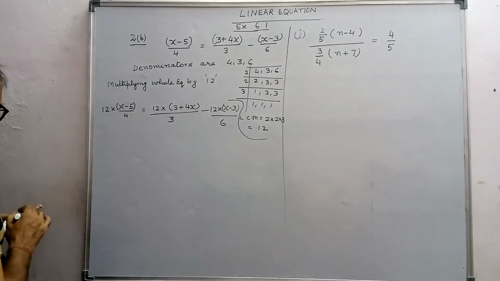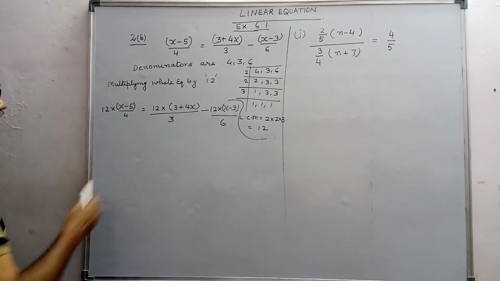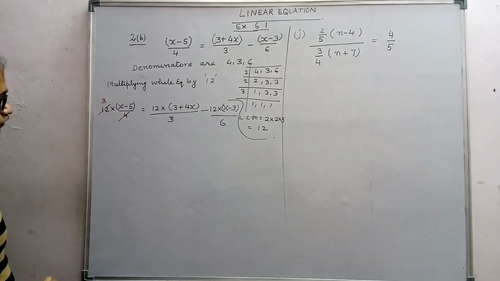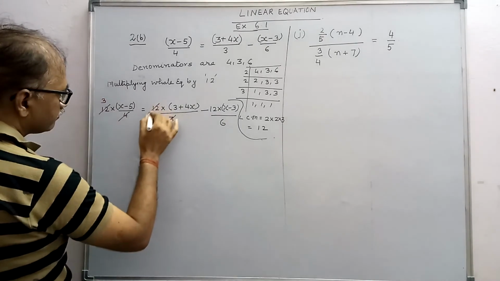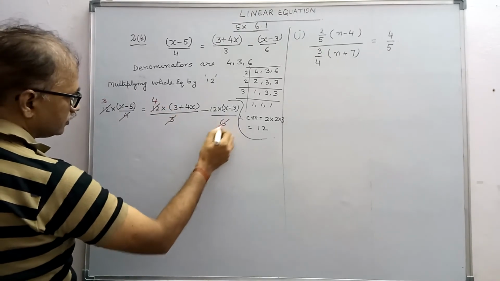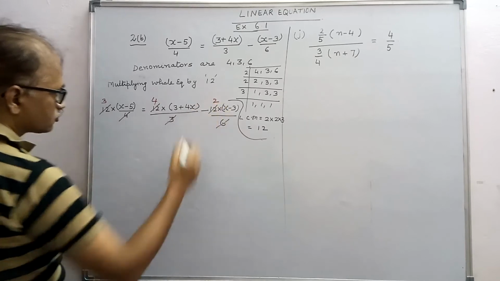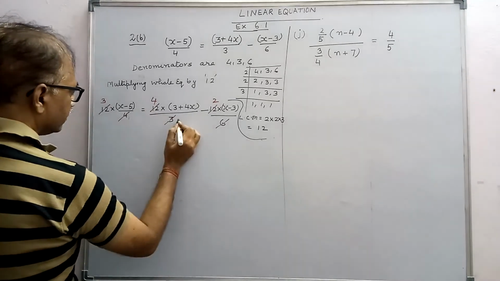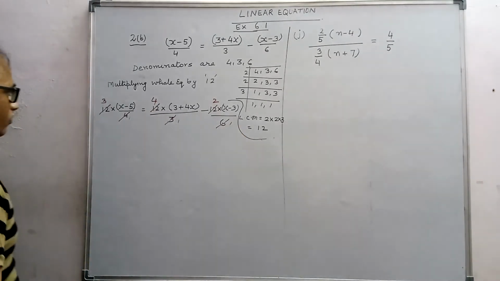Now you see, 4 ones are 4 and 4 threes are 12. 3 ones are 3, 3 fours are 12. 6 ones are 6, 6 twos are 12. So you cancel it. Here you will get 1, here you will get 1 and here you will get 1.